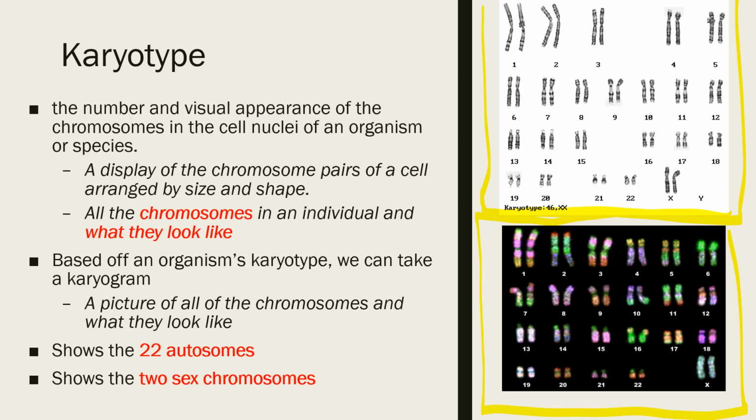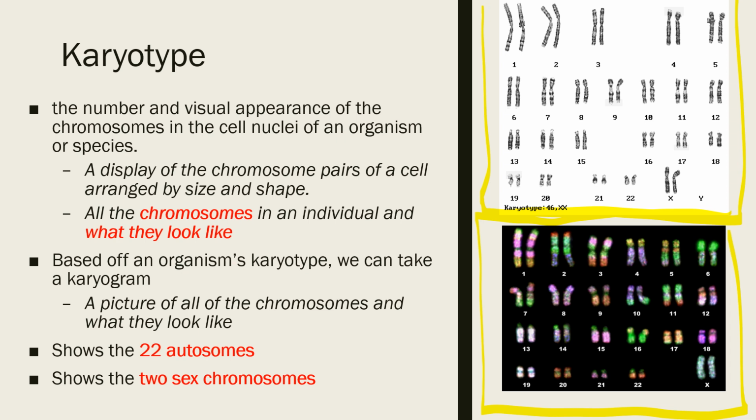Scientists and geneticists will assign different alleles different colors, but that's why it's in color: we have taken a picture of it and added color to it. It's not like we're glowing because we have radioactivity inside of us. That's not the way that it works. So the karyotype in the top right is what we're mostly going to see.